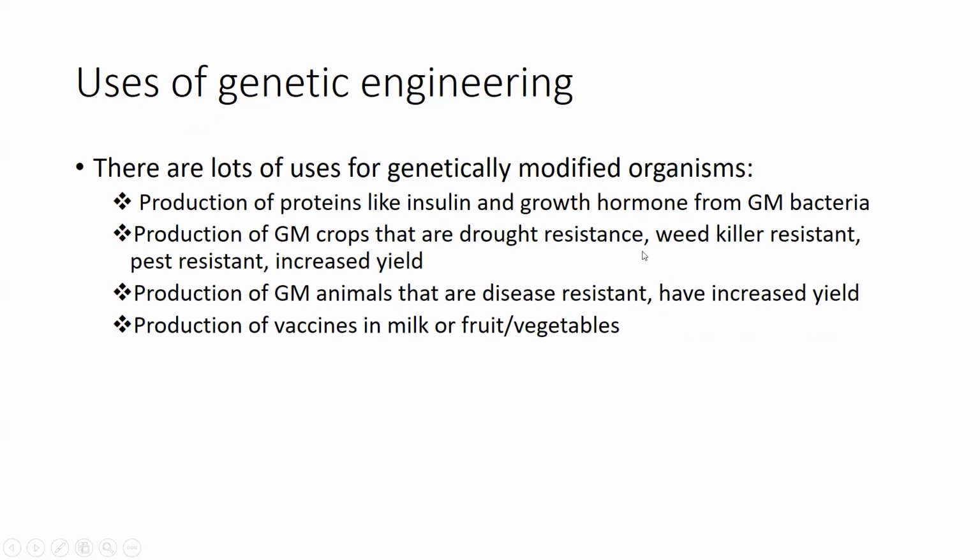We can produce genetically modified animals by inserting DNA directly into fertilized eggs that are disease resistant or have increased yield. We're looking at using milk or fruit and vegetables to produce vaccines. So getting proteins produced in the mammary glands of a cow or produced in a particular fruit like a banana, for example.